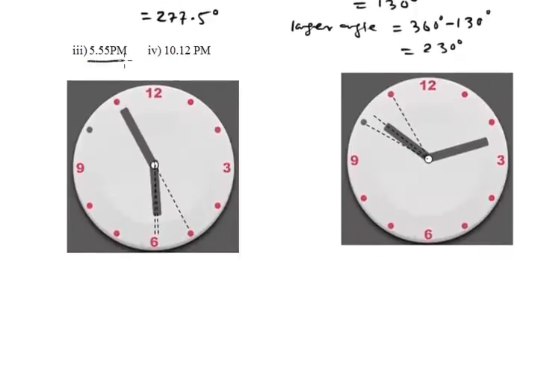At 5:55. So this is the minute arm at 55, and this is 5, and since it is 55, our arm is very close to 6 but not 6.